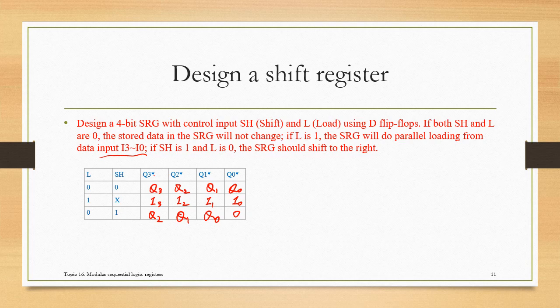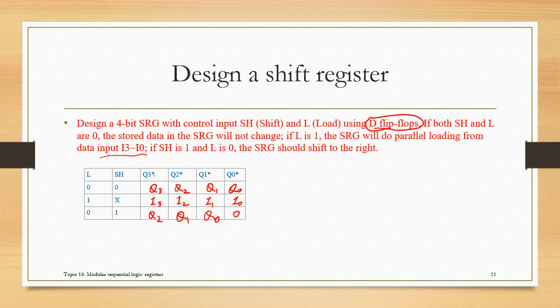Okay, then the next step is again to translate this table into a Boolean expression. But you should know what the output is here. Actually, the output is not the output of the flip-flop, because we are using D flip-flops here.